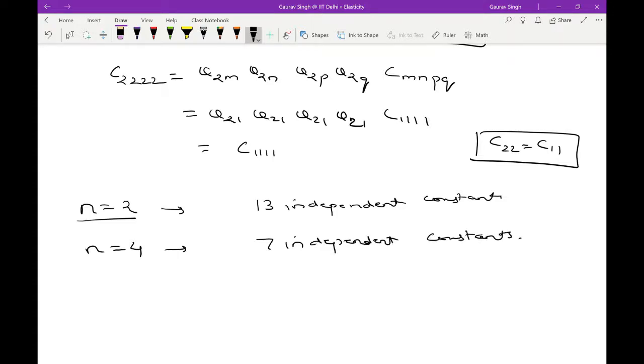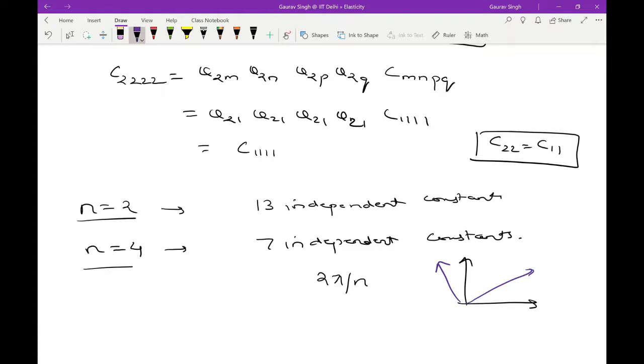So it seems as n keeps on increasing, and hence this angle of rotation 2 pi by n keeps on decreasing, from originally an angle of pi and then pi by 2, depending on your angle of rotation, the number of independent constants are decreasing.